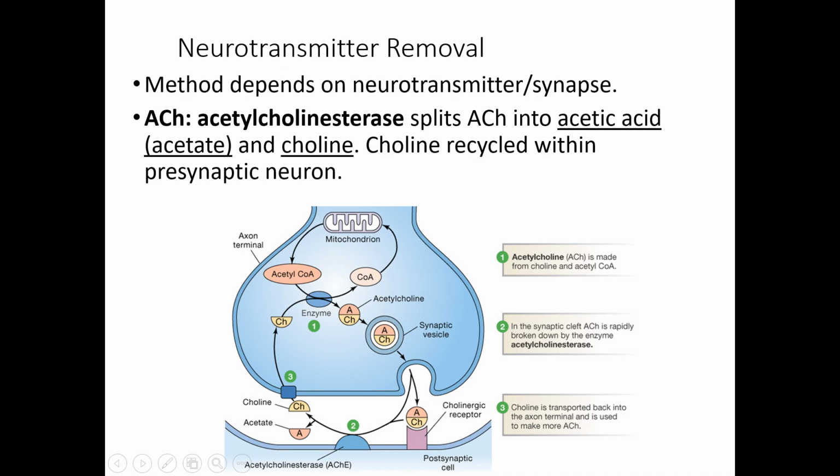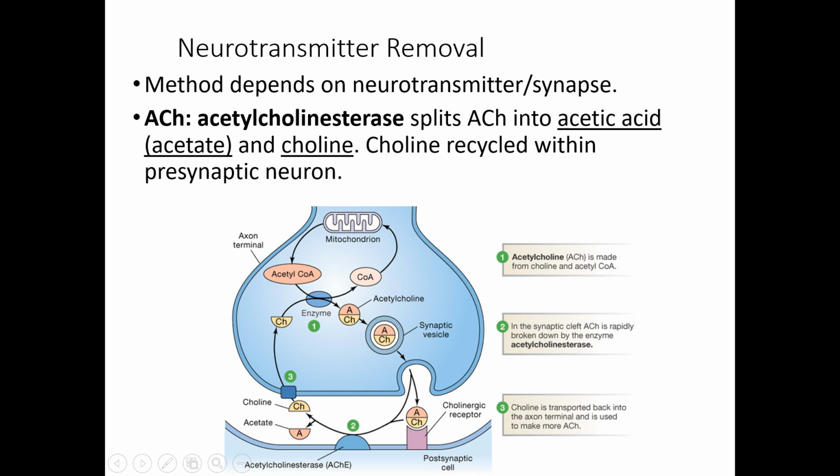When the electrical signal is transferred, let's say it was a muscle, and the electrical signal arrived through the motor neuron, activated that muscle, it contracted. What happens to acetylcholine that is still sitting in the synaptic cleft? It should be removed. We don't want that muscle to keep contracting.